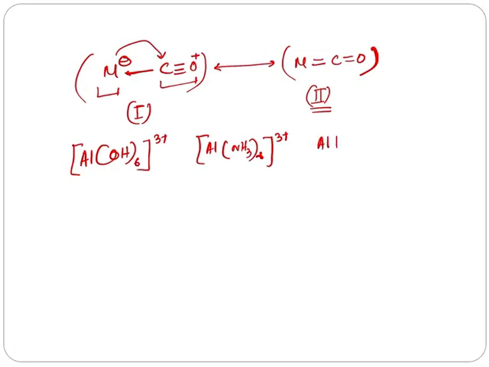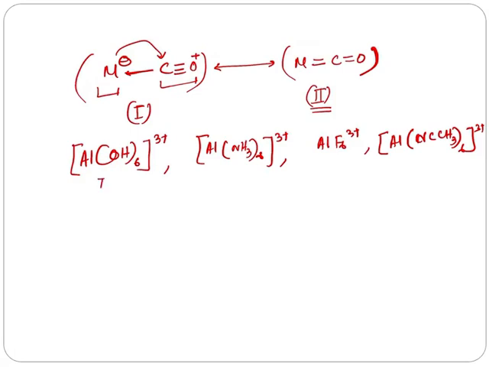Then we are taking the hexafluoro aluminum complex, which is also octahedral, and one is the aluminum hexacyano complex. We want to see which one is more stable and which one is least stable.